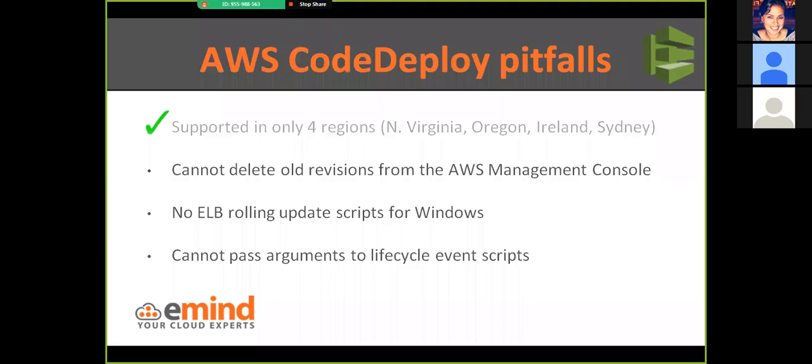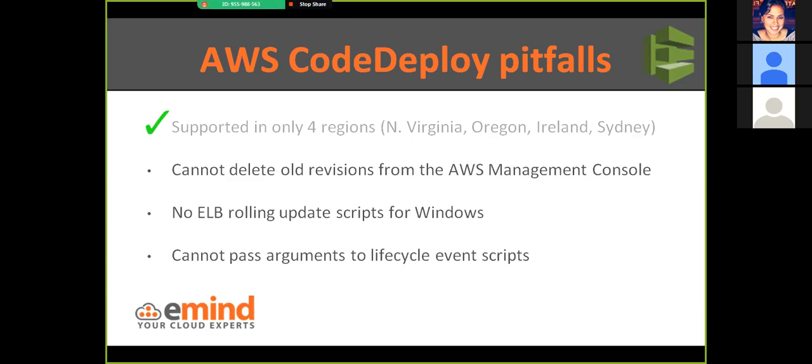The second is that you cannot delete your revisions from the console. And this makes the deployment from the console really hard to go on with because of all the historic revisions stored there. The revision history quickly becomes cluttered with useless crap.